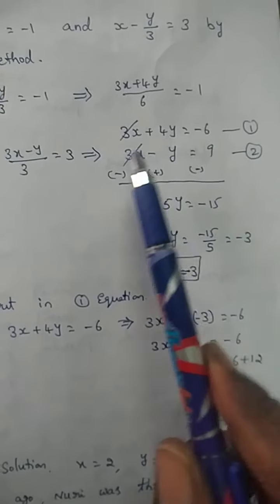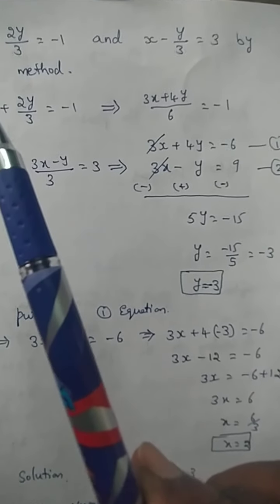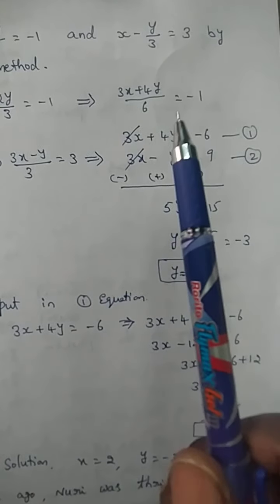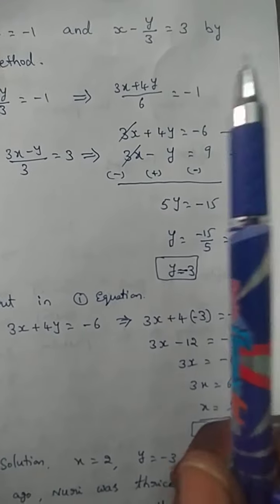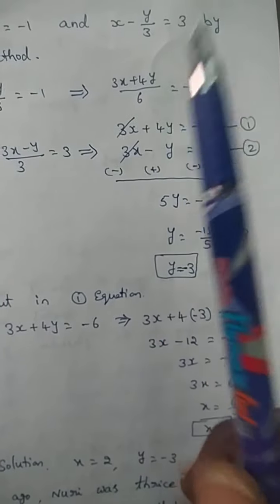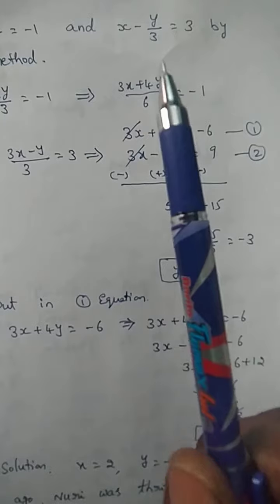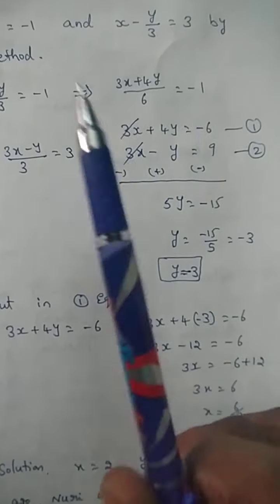So the process is the elimination method. In the elimination method, we can eliminate one of the variables in the given two equations. Whenever we eliminate a variable, we must observe the coefficients of the variable, as I already said in the previous classes.